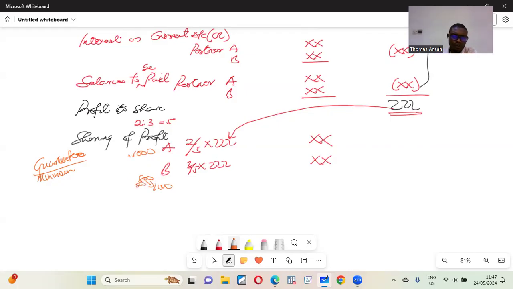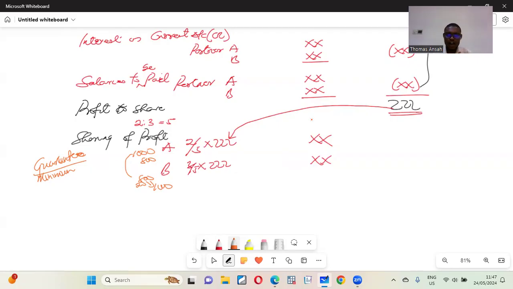The 200 will come from A, meaning that A at the end of the day will have 800, and B will rather have 1,000, because A guaranteed B that he would definitely get a minimum of 1,000. So what if when we go to Dr. Rita's office, Dr. Rita gave B 1,002, or let's say 1,001? In that case, he has already exceeded the minimum and nobody will add anything to B.